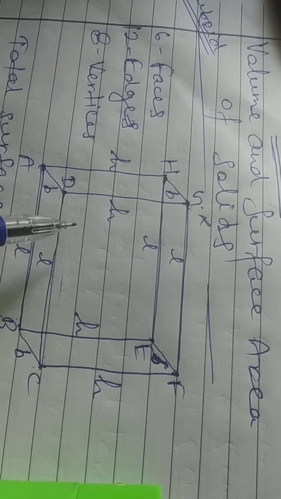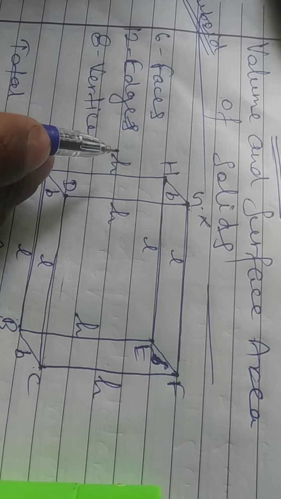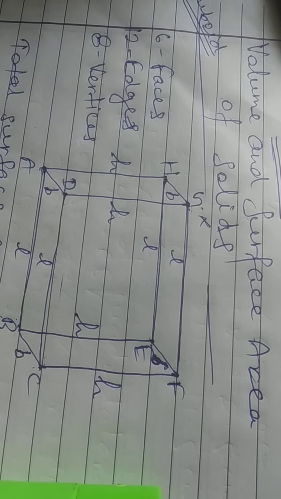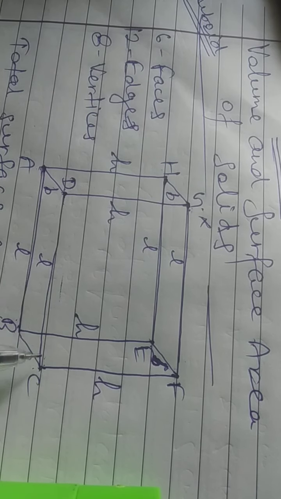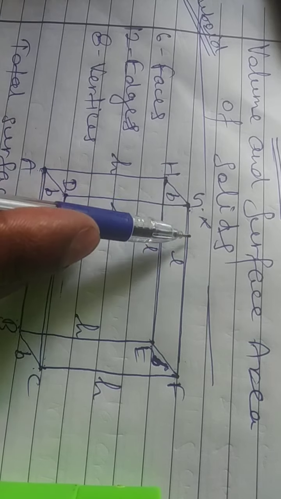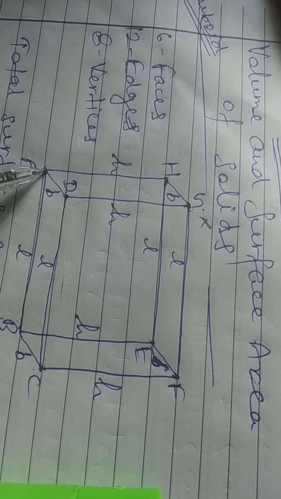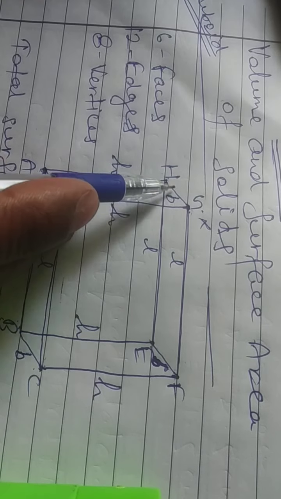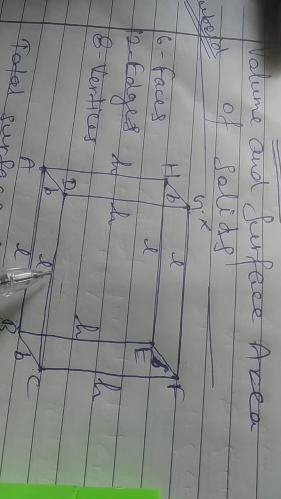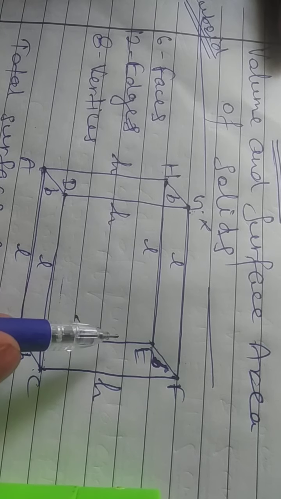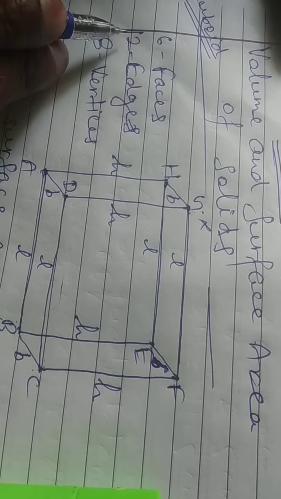Then we can say that there are 6 faces in a cuboid. About the edges of the cuboid, we can see the straight lines A, B, D, C, H, E, G, F, and similarly B, C, A, D, E, F, H, G. If we count all the straight lines in this cuboid, there are 12 edges.